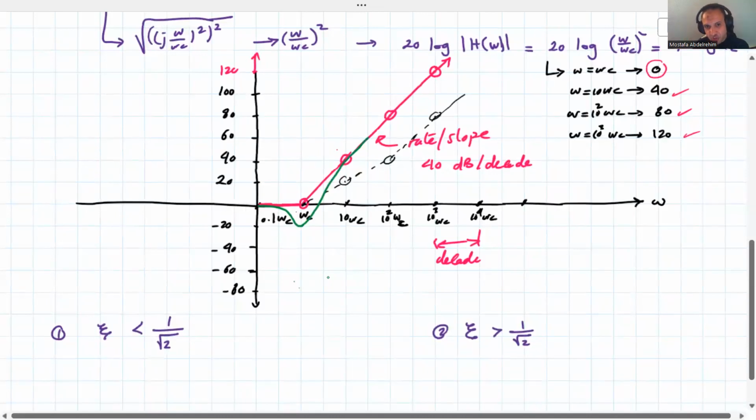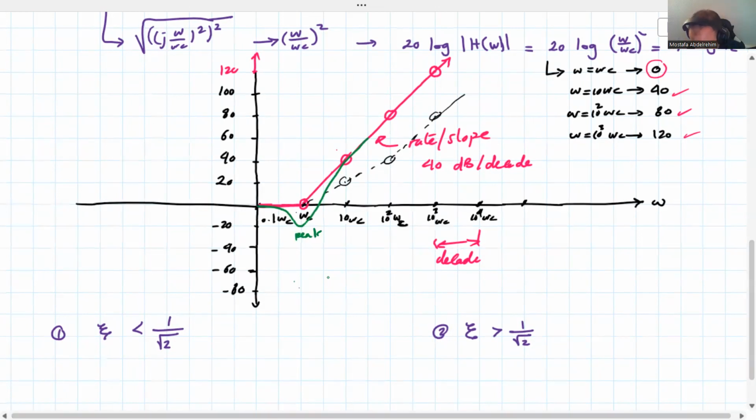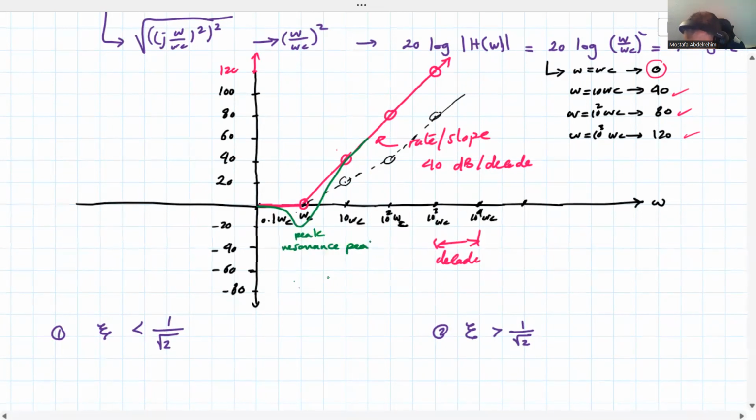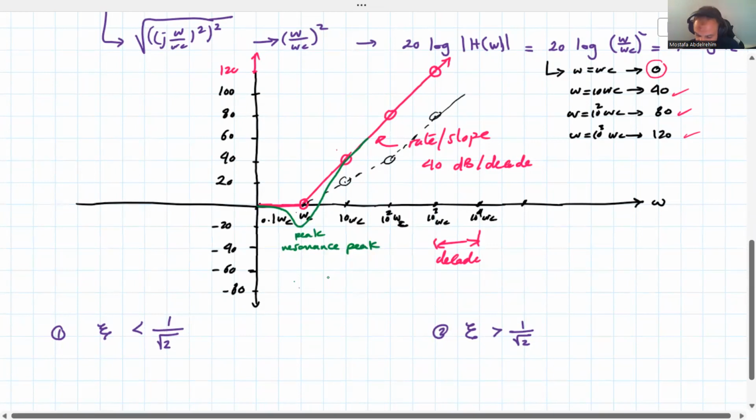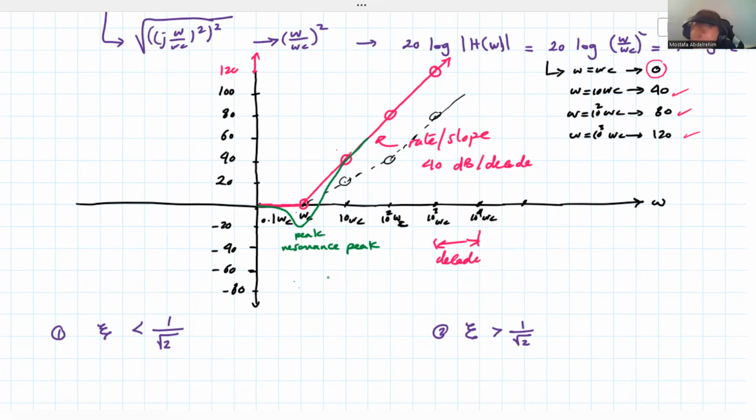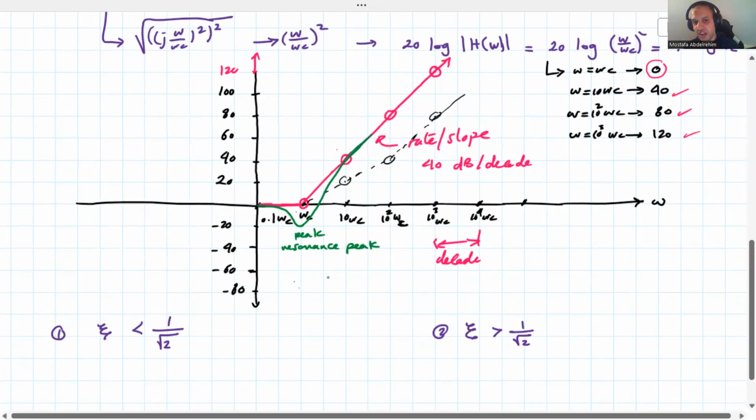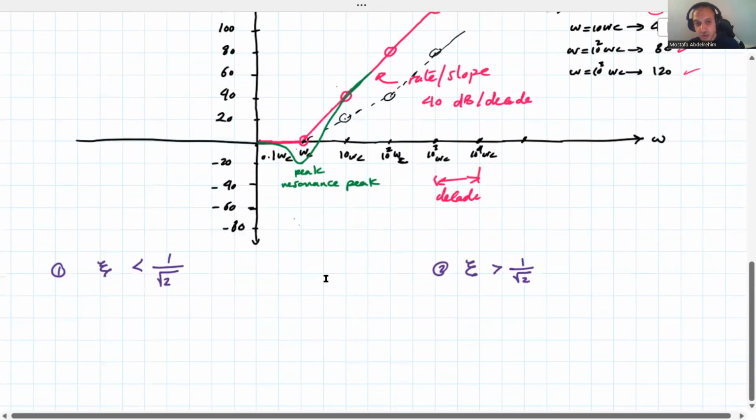Look, guys, approximately 1 decade before omega c, we go down. At omega c, we make a peak. This is called the resonance peak. Then we rise again, and approximately 1 decade after omega c, we meet up with the curve again, if zeta is less than 1 over the square root of 2.